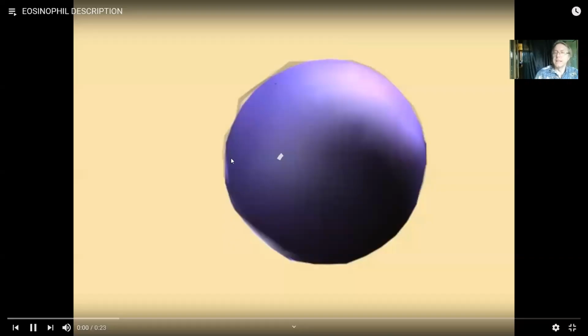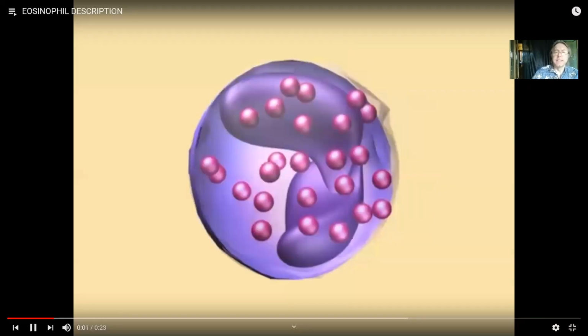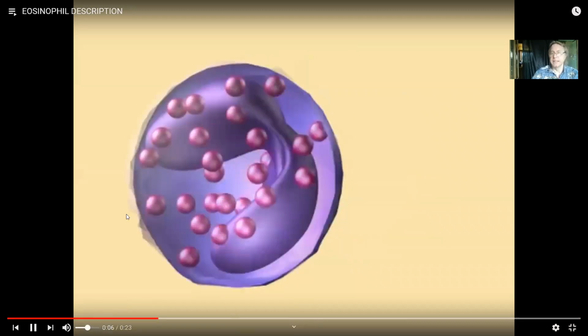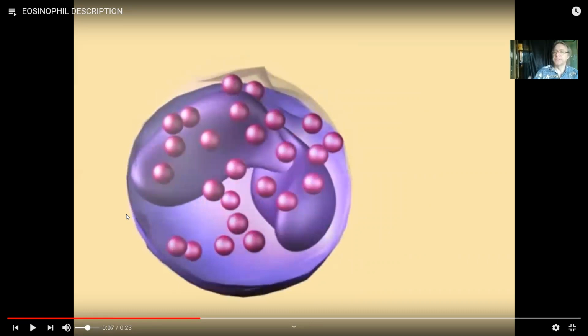The second type of granulocyte is the eosinophil. In the right stain, there is a red stain known as eosin. And eosinophil literally means the lover of red stain. And so these are white blood cells which take up this red stain in large granules, larger than what we saw in the neutrophils. And their nucleus tends to have 2 or 3 lobes.